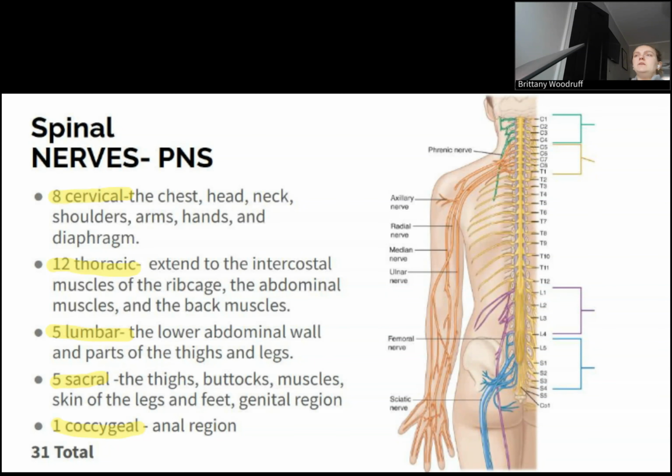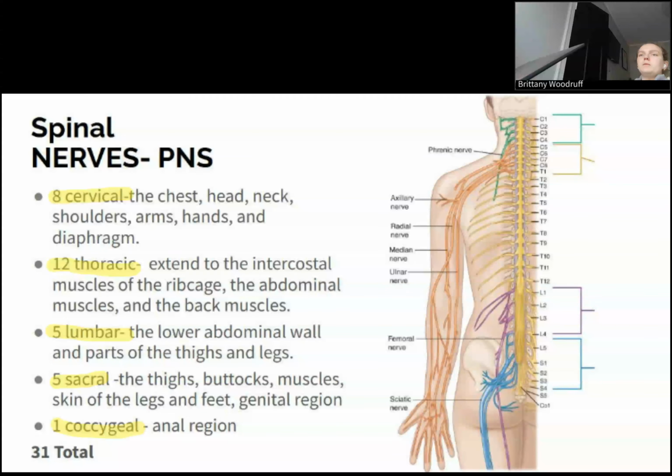Next, you have thoracic nerves. Your thoracic nerves are going to innervate your thoracic cage, so it's going to be part of your intercostal muscles, your abdominal muscles, and your back muscles. Now, obviously, your spinal column does not extend all the way down your legs, so these start spreading out that responsibility a little bit more.